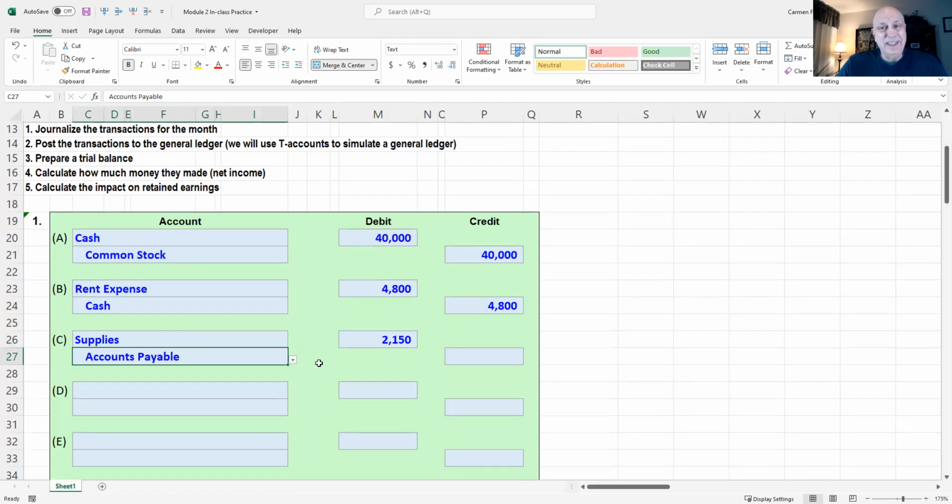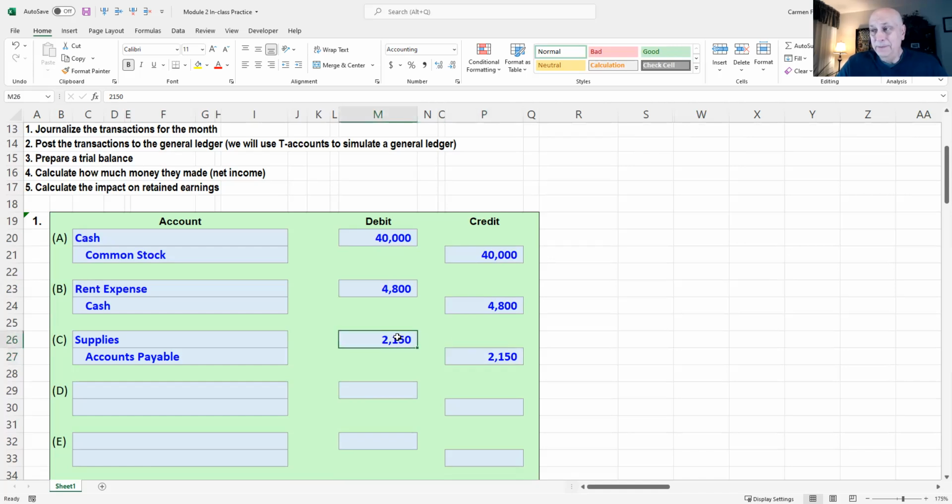Payable is increasing, so it goes on the increasing side for a liability, because liabilities are on the right side of our equation, and increases go on the right side. So we credit accounts payable for $2,150. We debit supplies for what we bought, the asset, and we credit the liability.